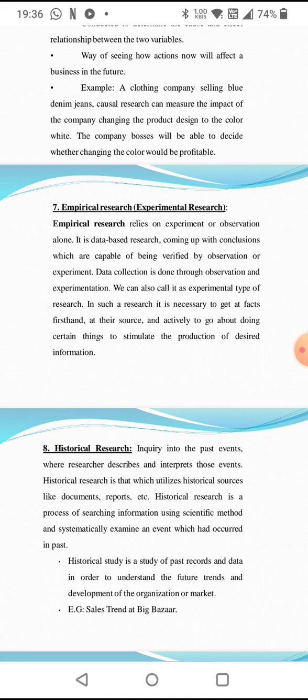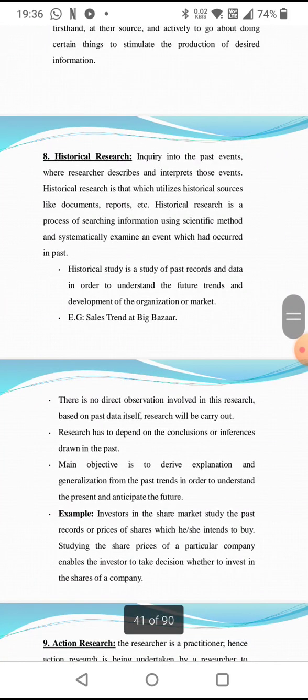We can also call it an experimental type of research. In such research, it is necessary to get at facts firsthand at their source and actively to go about doing certain things to stimulate the production of desired information. Yes, right. So that was about the experimental research.